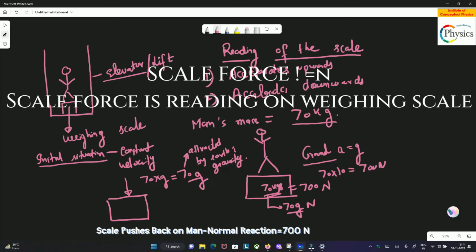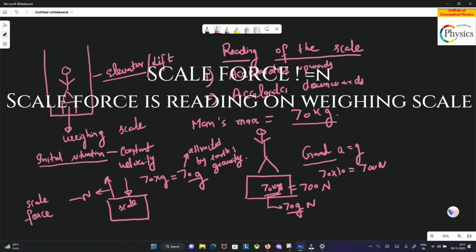Newton's third law says that the man should also experience a force back coming from the weighing scale. The scale pushes back on the man. So if you see the arrow on the left hand side, it's a pushback from the weighing scale to the man, and the man experiences what is normally called a normal reaction. So the normal reaction when you're on the ground is the same as mg. So N is equal to mg.